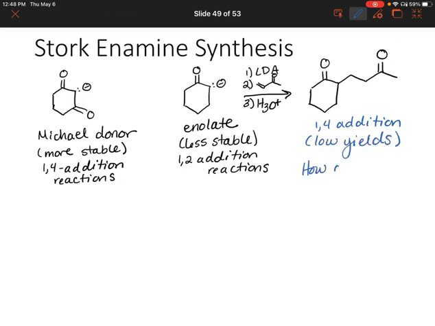So how can we form this product using that starting enolate, which would actually favor 1,2 addition?